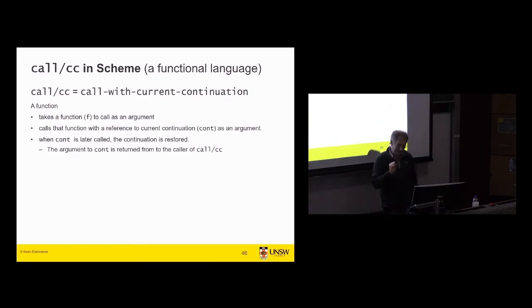Don't worry, the example's coming. It takes a function as an argument and calls that function and passes as its first argument a continuation that represents this particular point. And later, when that continuation is called, we will return back to where call with current continuation was called originally.